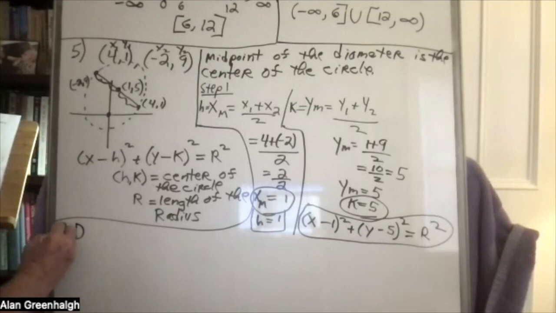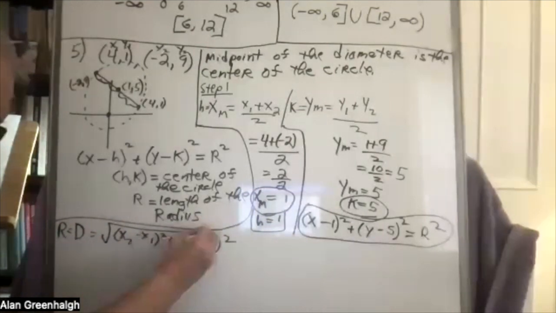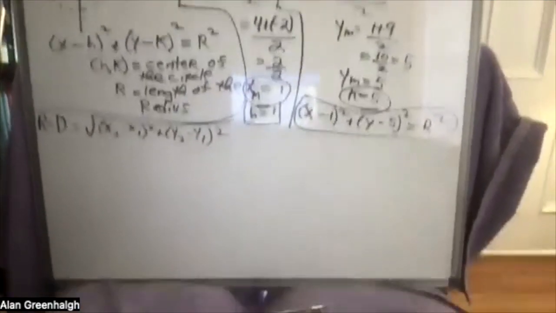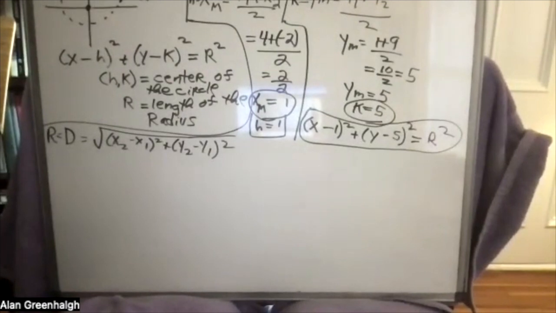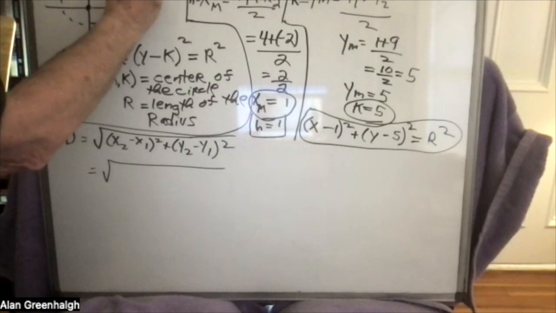The length of the radius can be found by using the distance formula, namely the square root of x2 minus x1 squared plus y2 minus y1 squared. And let's see what we get here. But first we have to identify this stuff. So here we call this x1, y1, x2, y2.